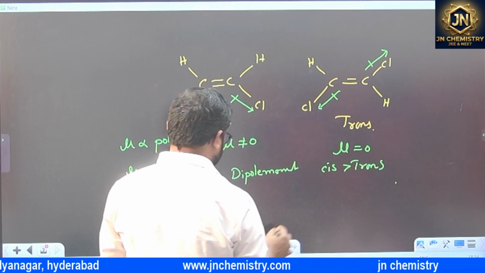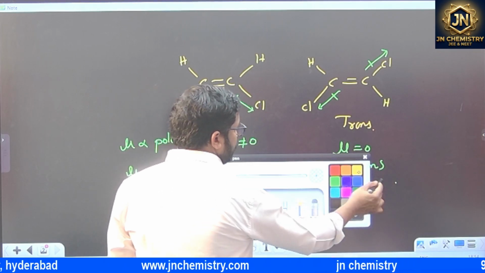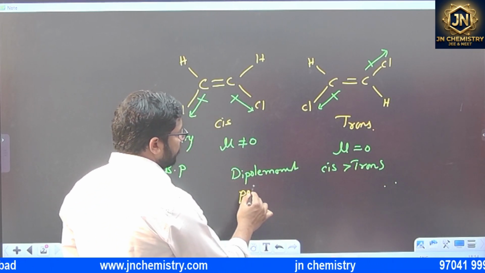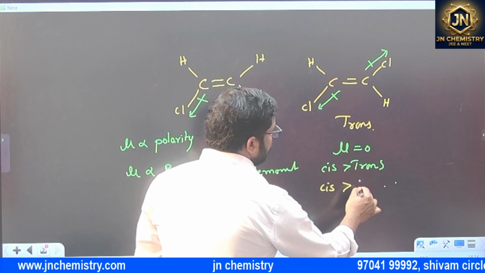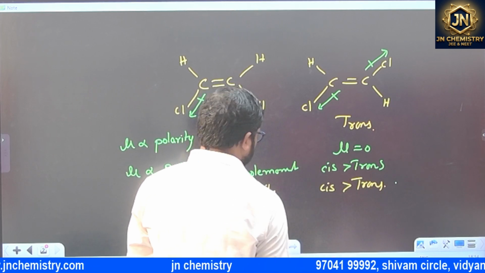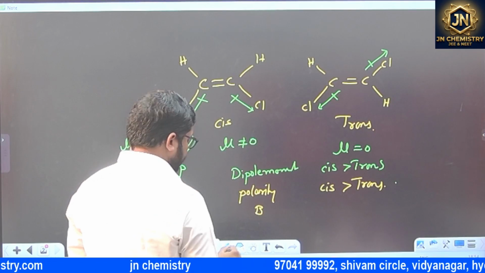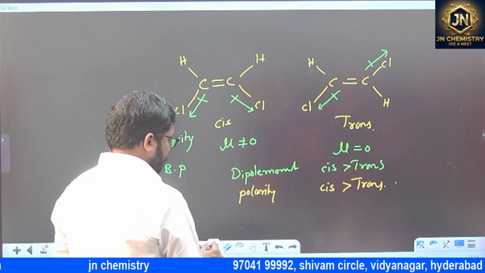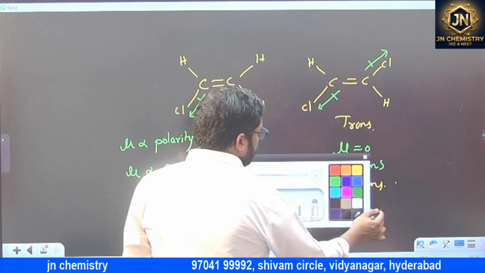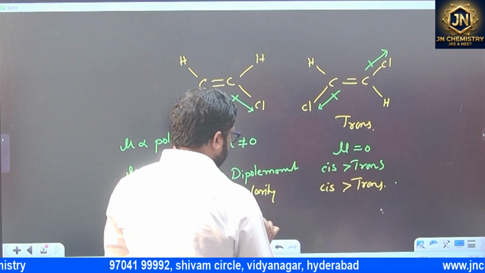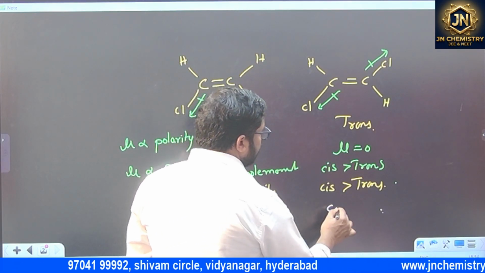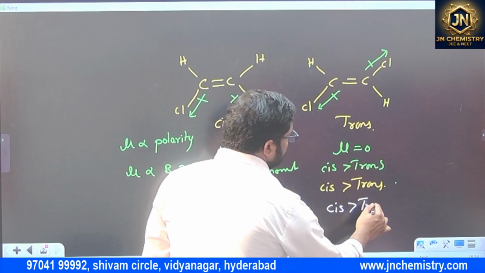Write it down. Polarity also, cis greater than trans. Boiling point, cis greater than trans.